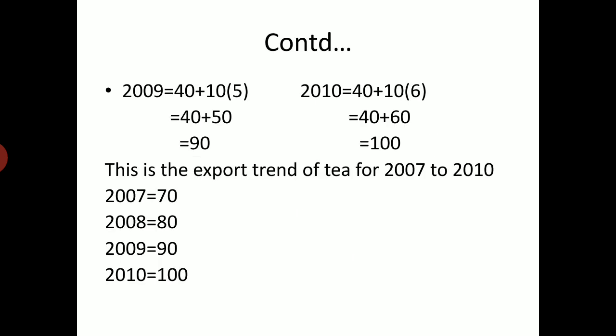Continuing, 2009: 40 plus 10 into 5. 2009 minus 2004, the x value, is 5. 40 plus 50, since 10 fives are 50, is 90. 2010: 40 plus 10, the a and b values, and the x value is 6, that is 2010 minus 2004, the mid value. 40 plus 60, 10 into 6 is 60, equals 100.